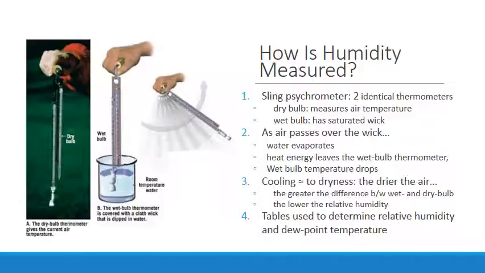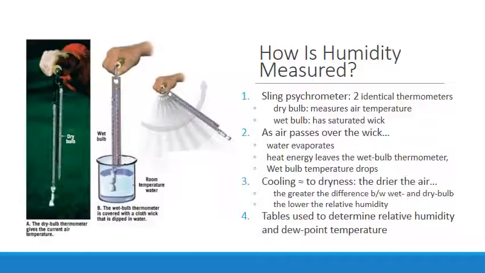A sling psychrometer is really nothing more than 2 identical thermometers mounted side by side. One of them is called the dry bulb, and that measures the air temperature. The other one is called the wet bulb, and it has a little wick on it, a thin piece of cloth or gauze affixed to the bottom.